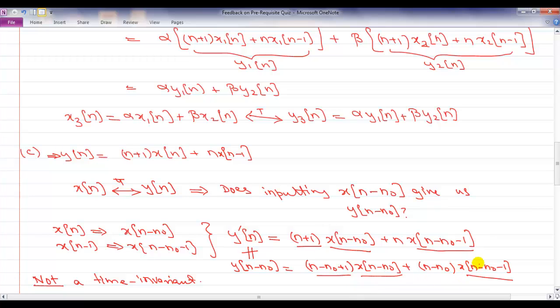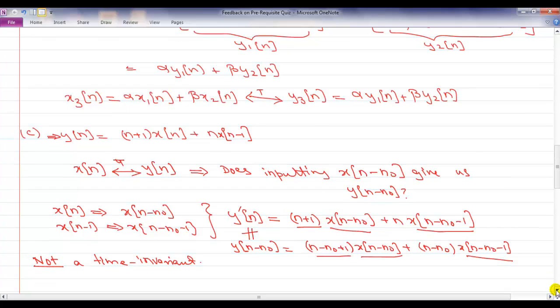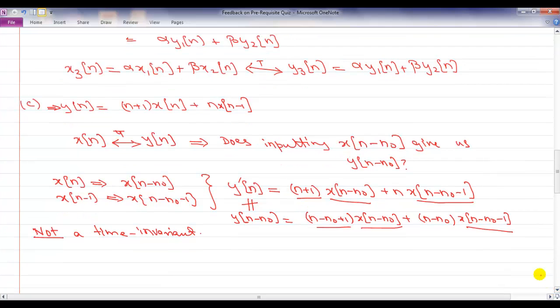Now there is a shortcut to check whether it is a time invariant system or not. The simple shortcut is that if your system output expression involves coefficients which are functions of n, not as part of x of n, but just as a coefficient, then you are bound to get time varying systems.